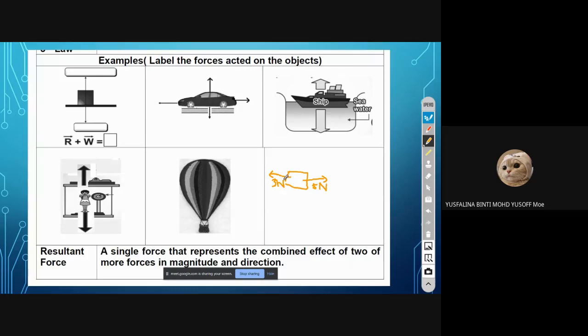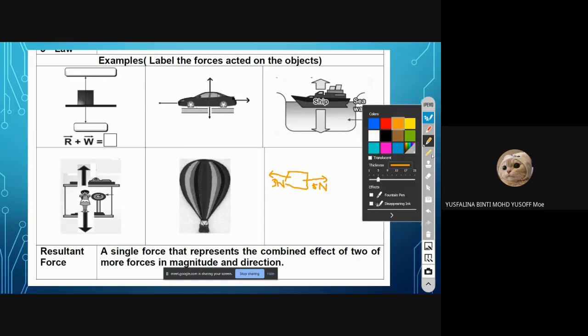You already know the net force is 5 minus 3, so 2 Newton. The 2 Newton is the resultant force, the single force that represents the combined effect of the two forces in magnitude and direction. Because they are in different directions, we subtract: 5 minus 3, so you get 2.